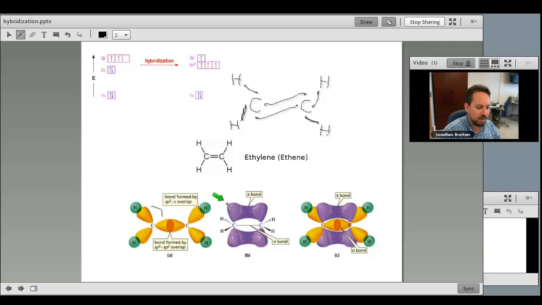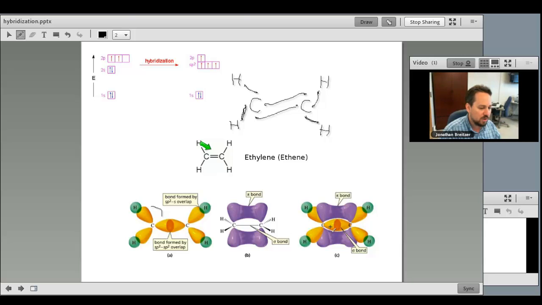The s orbital and the other 2 p orbitals can hybridize to make sp2 hybrids. So the sp2 hybrids make the sigma bonds, but pi bonds are only made by pure p orbitals. Pi bonds cannot be hybridized. So this double bond in ethylene is one sigma bond and one pi bond.